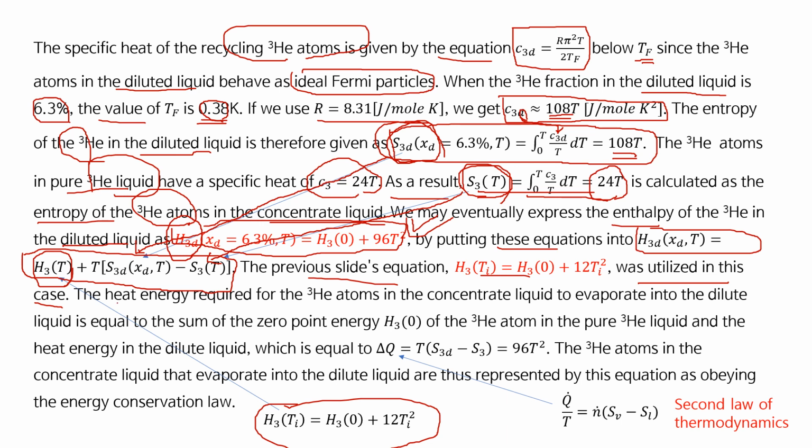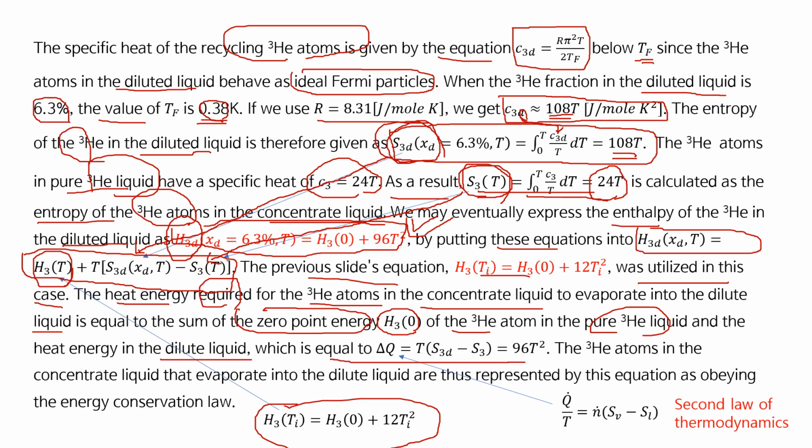So the heat energy required for the helium-3 atoms in the concentrated liquid to evaporate into the dilute liquid is equal to the sum of the zero-point energy of the helium-3 atom in the pure helium-3 liquid, so the concentrated liquid, and the heat energy in the dilute liquid, which is equal to this one.